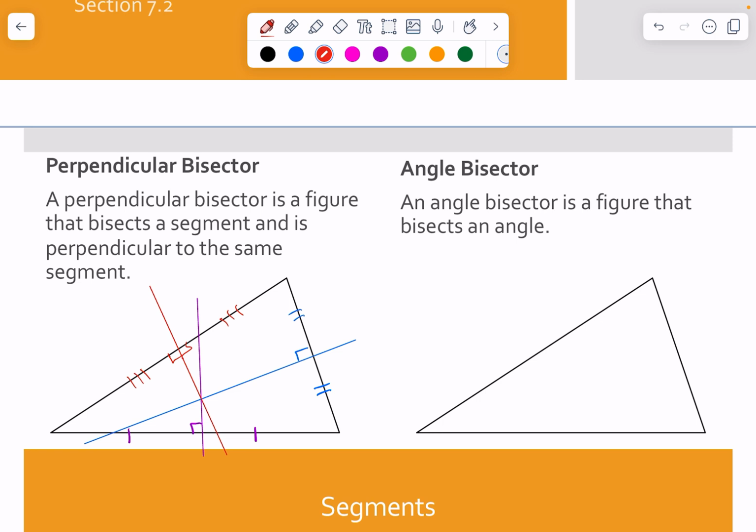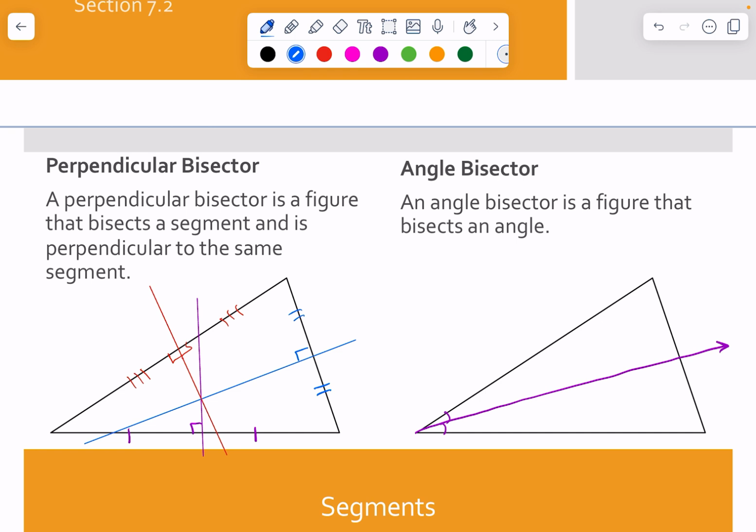The next part we have is an angle bisector. Remember, an angle bisector is a figure that bisects an angle. So if I drew this first one in, it would look something like this, and it's going to bisect that angle.